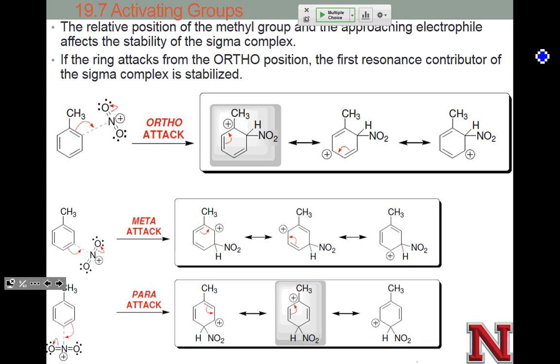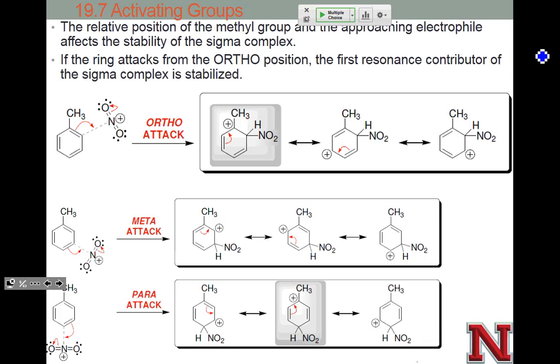But we never see that in meta. So this is what drives the fact that we have the ortho-para attack. I asked you to explain to me why CH3 group makes ortho and para attack. You have to show me all three of these, because that explains why we don't get very much meta.